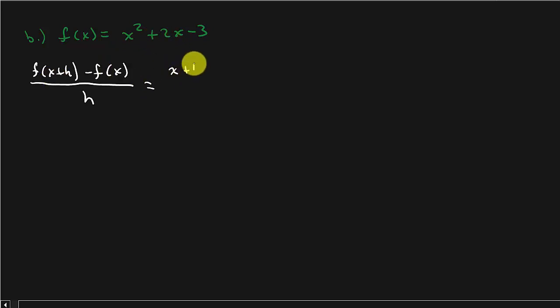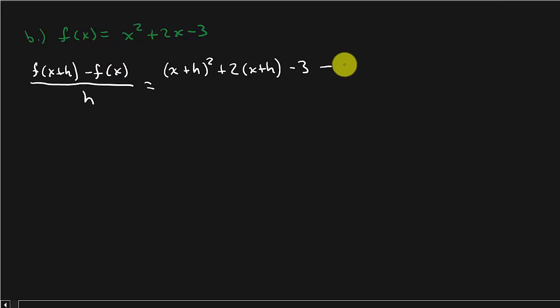So that's x plus h squared plus 2 times x plus h minus 3. So all I did, this x and this x, I replaced with x plus h. So this first term here is my f of x plus h. And then minus f of x.